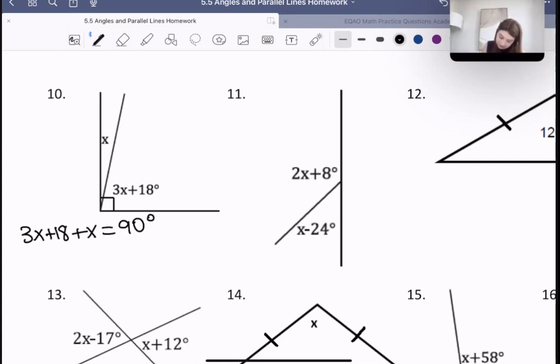So that means 4x plus 18 is equal to 90, which means 4x is equal to 72 if we subtract 18 from both sides. And then that means x is equal to 18. Very good.